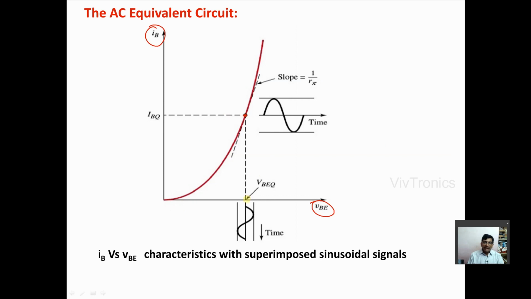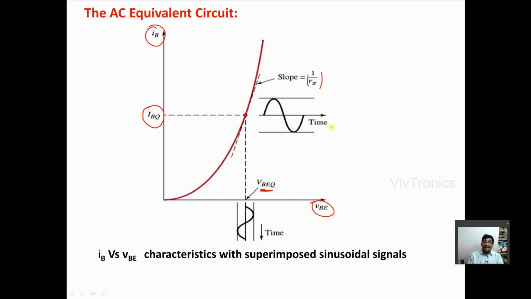Here the operating point is called VBEQ, the DC quiescent voltage, and the base DC quiescent current IBQ. The slope of this curve is 1 by R pi, where R pi is the resistance at the input side of our transistor.